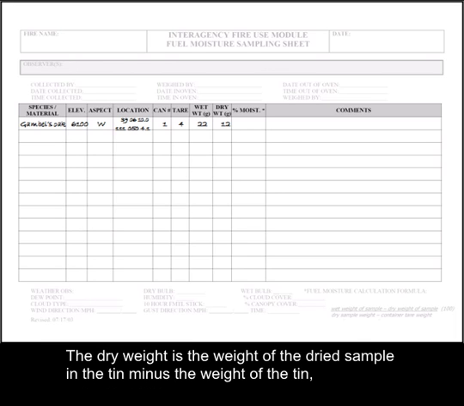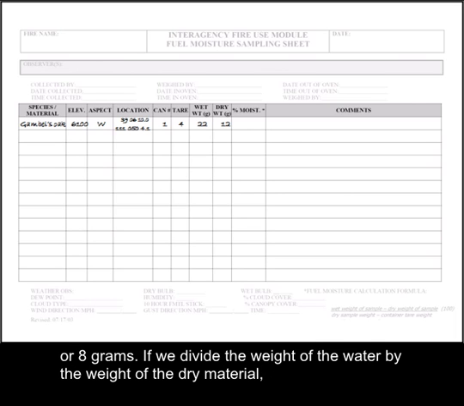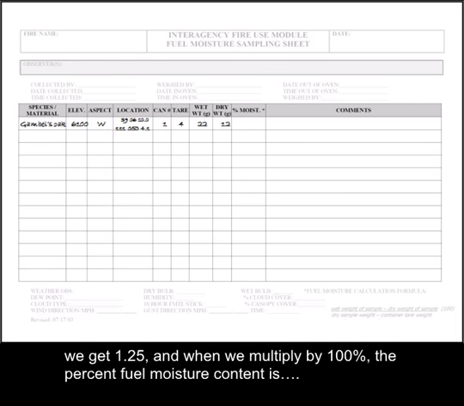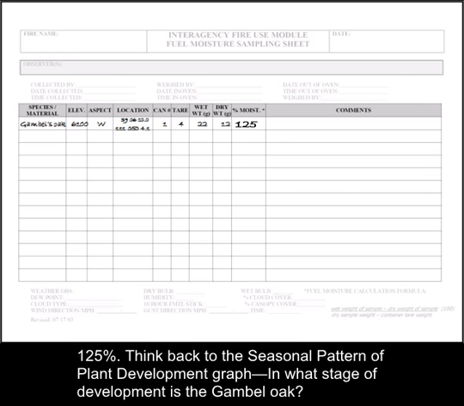The dry weight is the weight of the dried sample in the tin minus the weight of the tin, or 8 grams. If we divide the weight of the water by the weight of the dry material, we get 1.25, and when we multiply by 100%, the percent fuel moisture content is 125%.